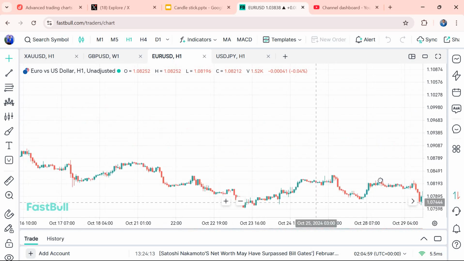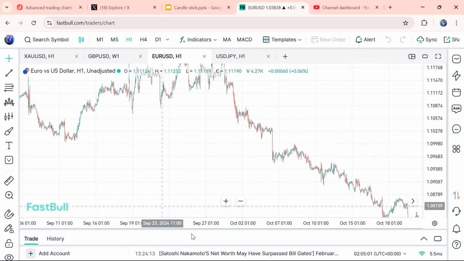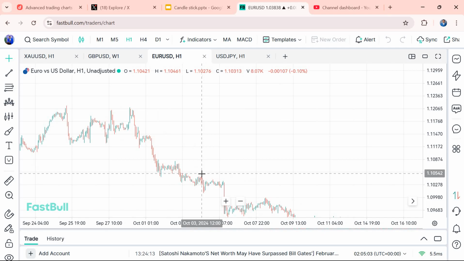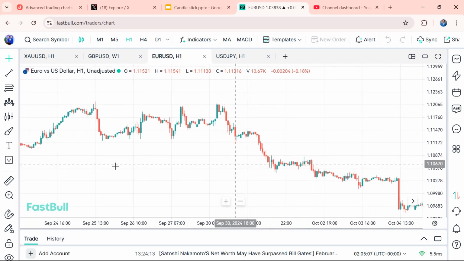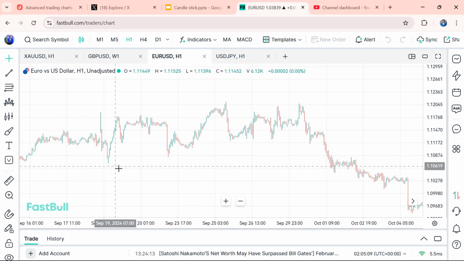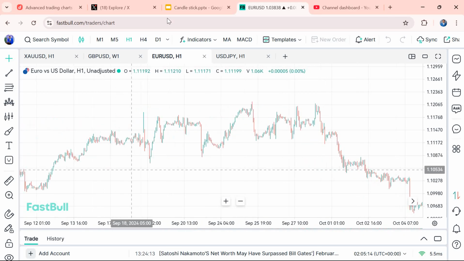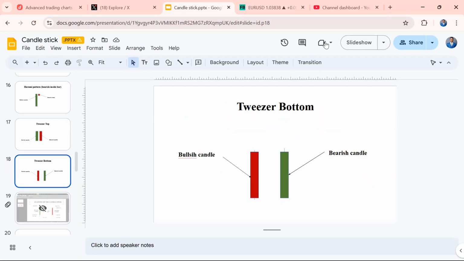Like I said, for the sake of time, we shall not be able to go through them as we want. So take your time, go through your charts, and identify the various candlestick patterns that we have studied so far.